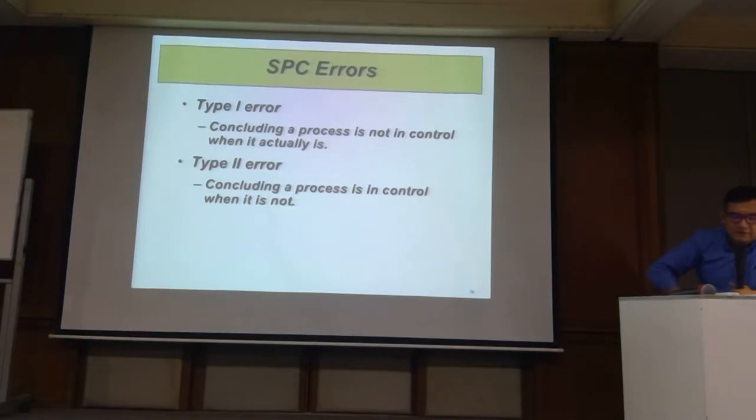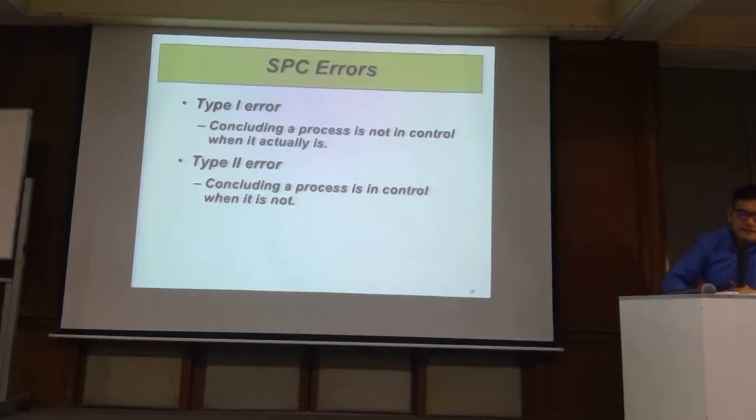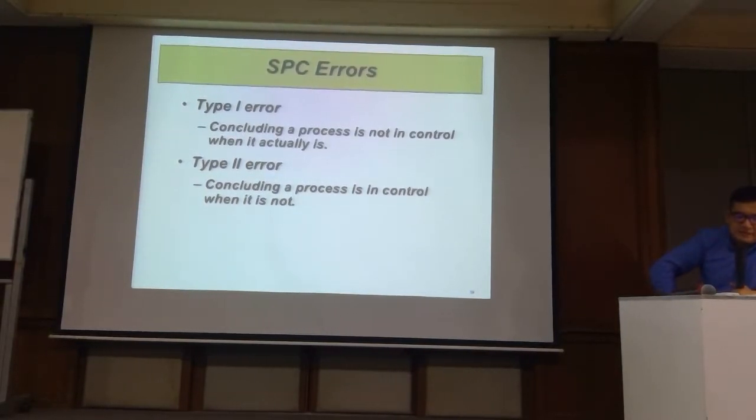Okay, before we go to the calculation part, you may see more clearly how we can develop the calculation and construct the control chart. We need to understand the errors of the control chart, or the errors of SPC. Generally, we have two types of error, type 1 and type 2, right?